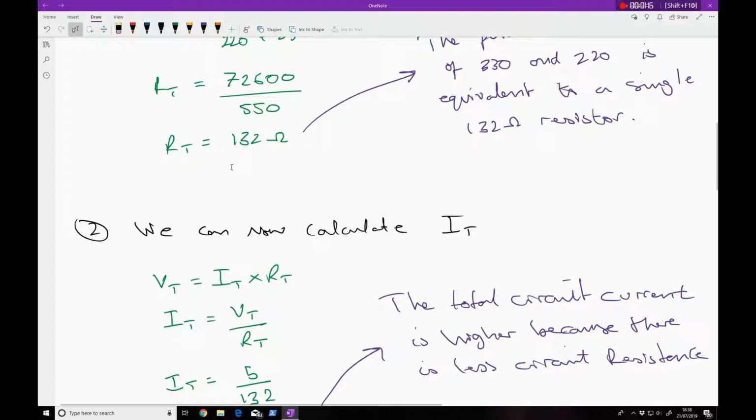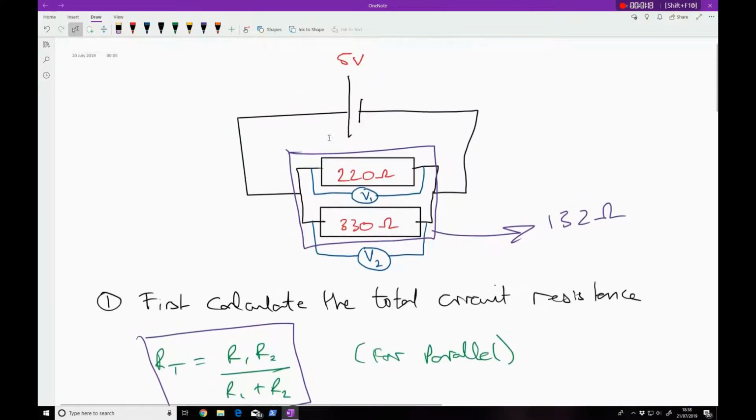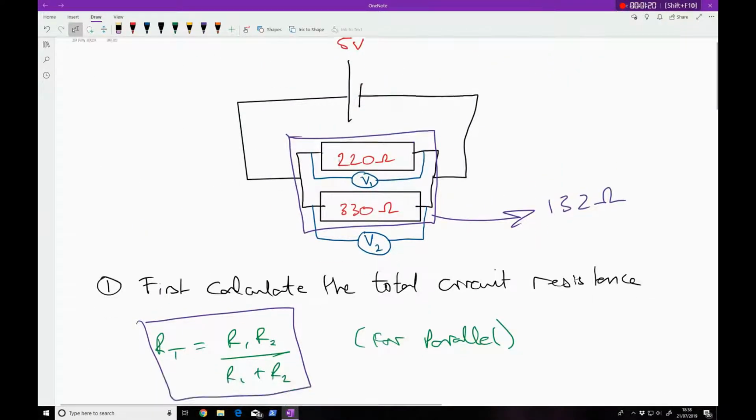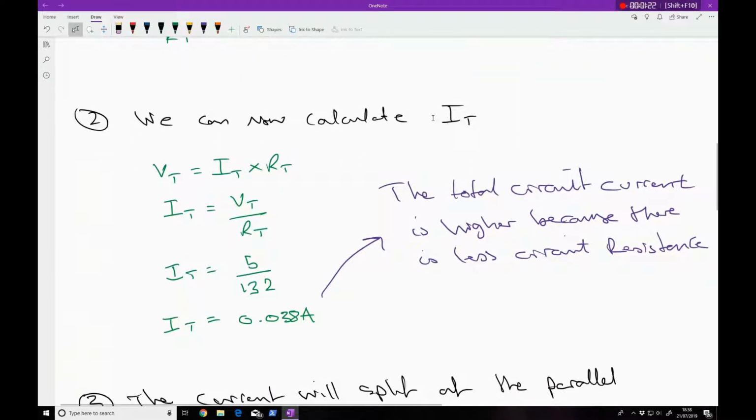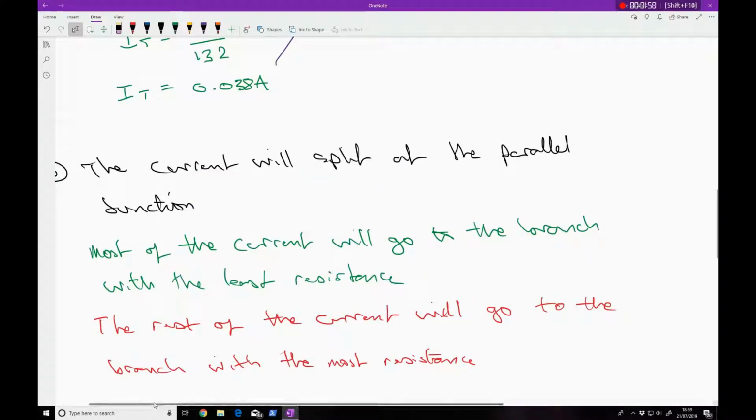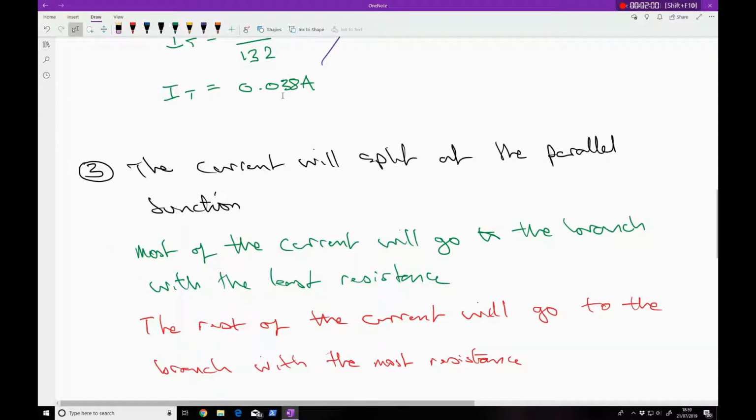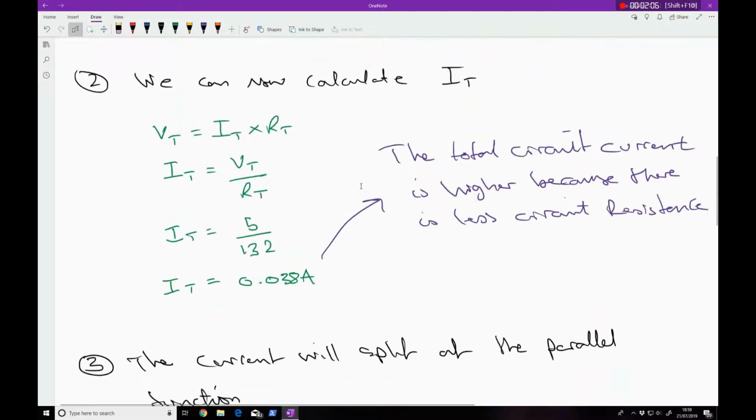So now that we have the total circuit resistance and we already know that 5 volts is the total circuit voltage, we can use Ohm's law to calculate the total circuit current. And we plug in the numbers and we get a value of 0.038 amps. So being that we now know all these values, we have to accept the fact that the current will split at the parallel junction.